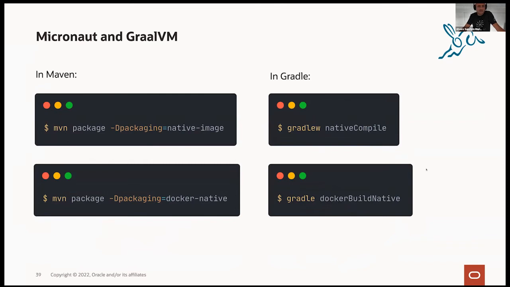And the alternative is to use Docker packaging or Docker native image, in which we build the native image inside a Linux Docker container. You get a Docker image that, instead of running a java -jar of your application, is running the native binary.